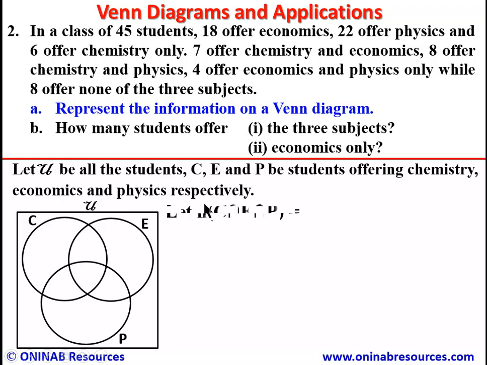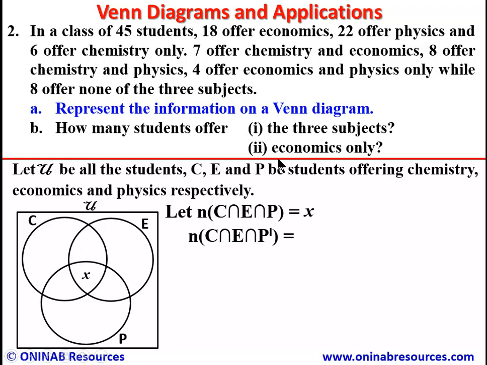So the set notation is C intersection E intersection P, where the number of students will be represented as X, and it is in this region. Then the students offering chemistry and economics only, that's n of C intersection E intersection P prime. So P is not there.